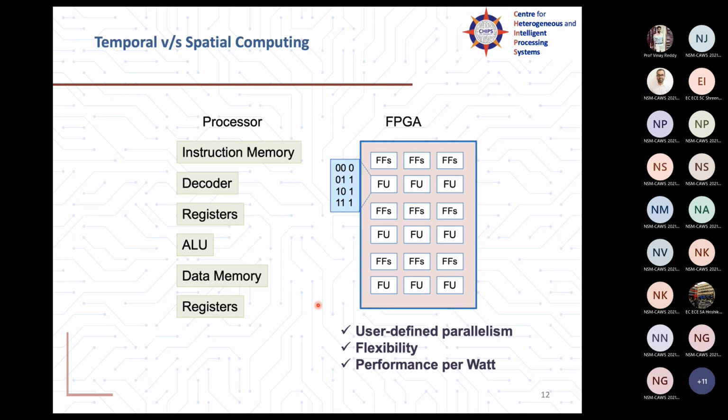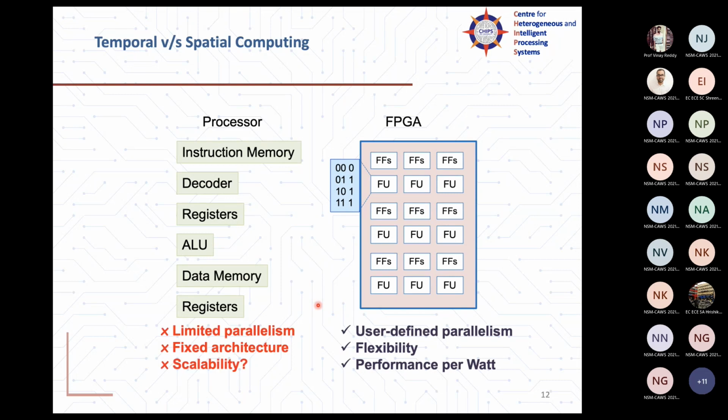We map it onto an FPGA. It is extremely flexible because you can change your operator based on your application. As a result, you get better performance per watt. You're making use of all the transistors that are there, which gives better performance and better energy efficiency.